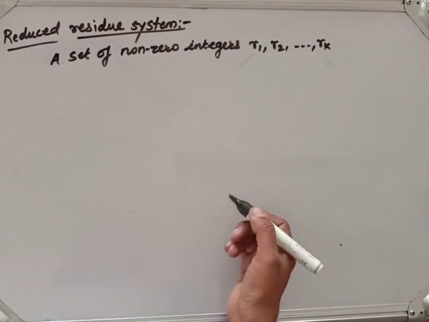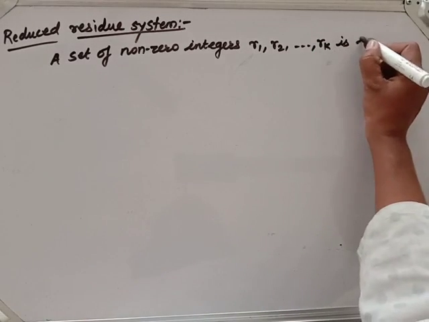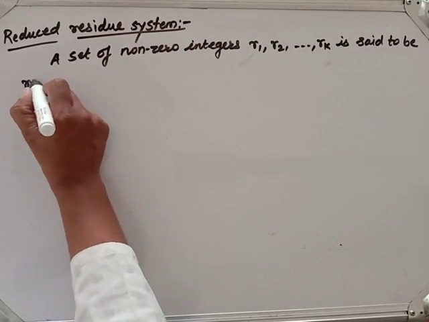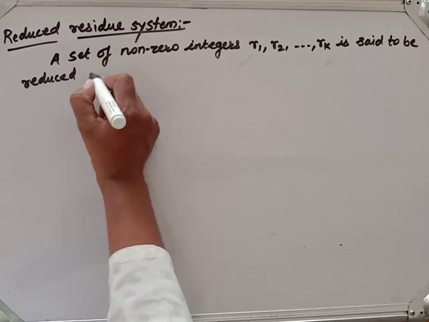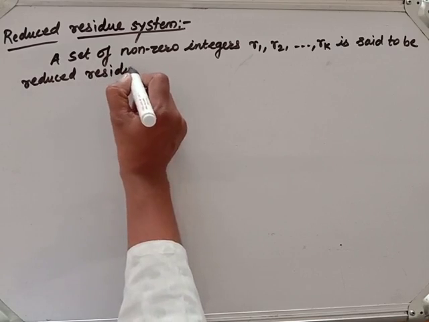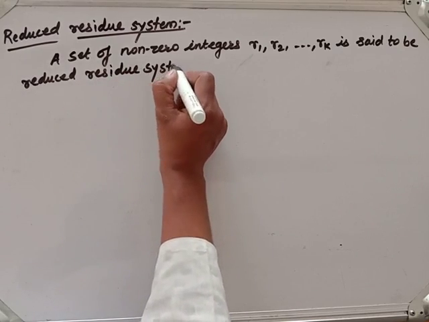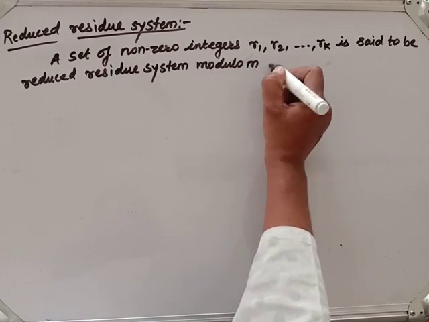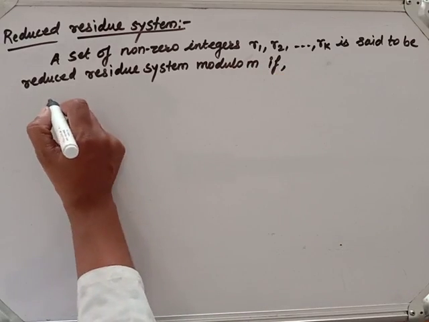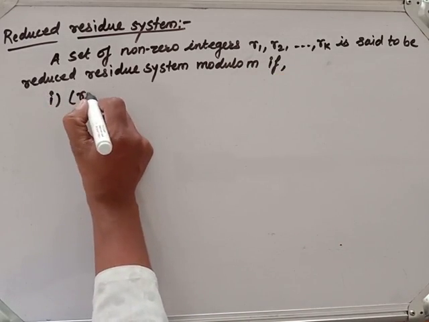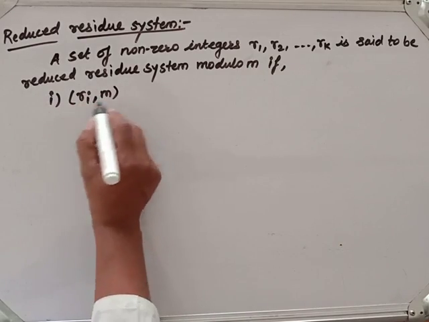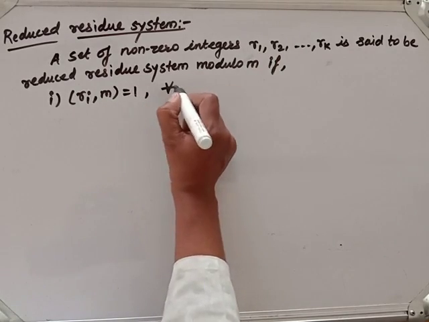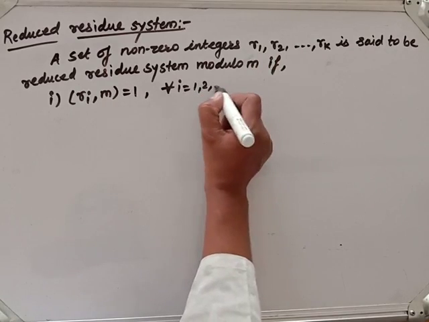K integers, let us take, is said to be a reduced residue system modulo m if the first condition is: the GCD of each ri and m will be 1 for all i from 1 to k.